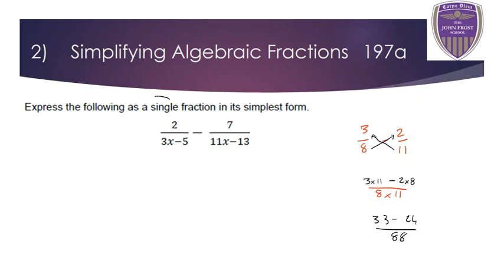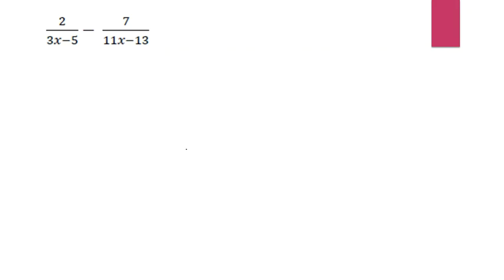And this is what we're being asked to do here, to write this expression as a single fraction. So we need to consider the technique that we would use for numbers. First of all, what would the denominator be? In order to get this, we would need to multiply the denominators together. So I would have to multiply 3x minus 5 by 11x minus 13.